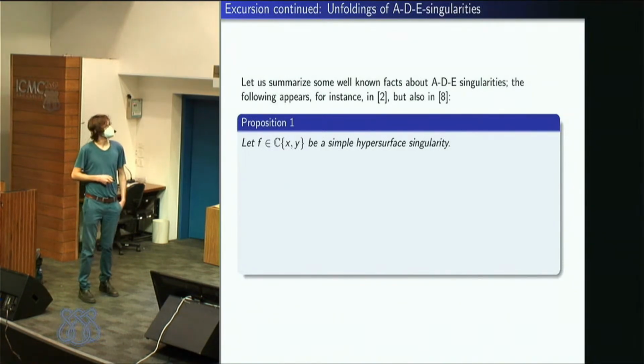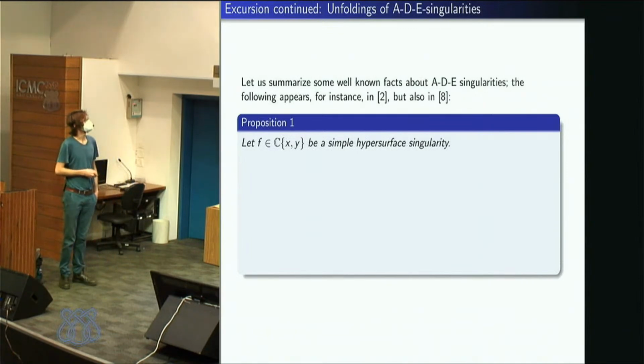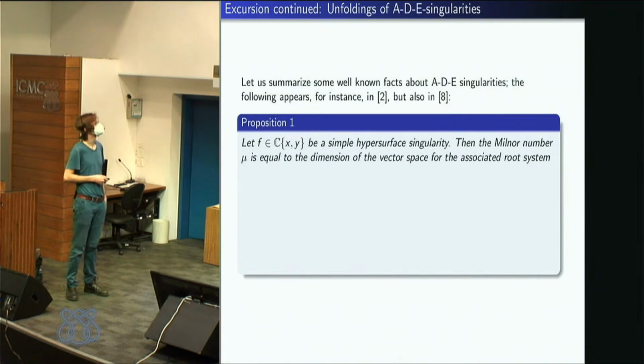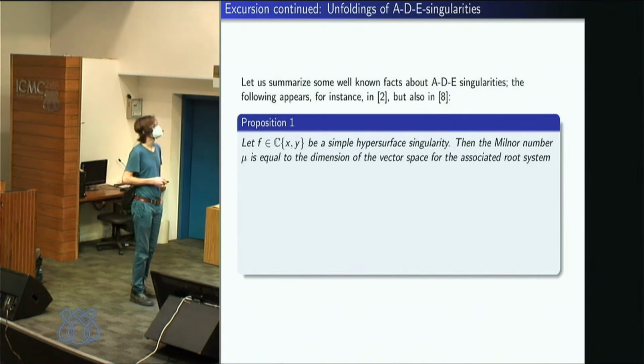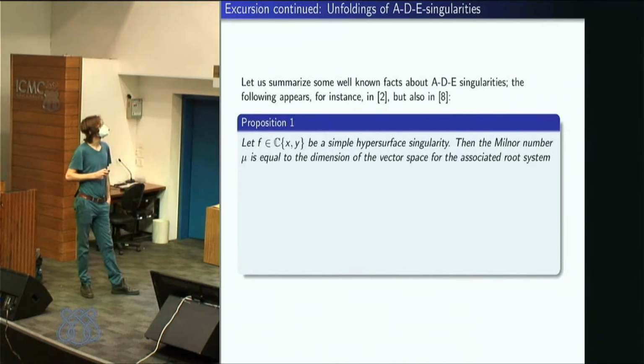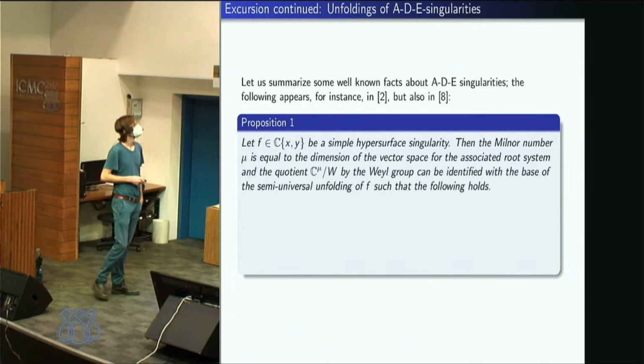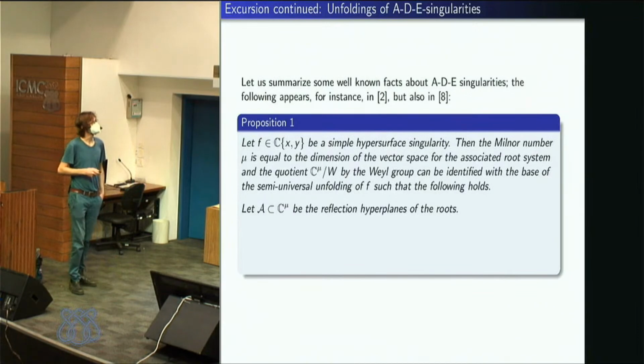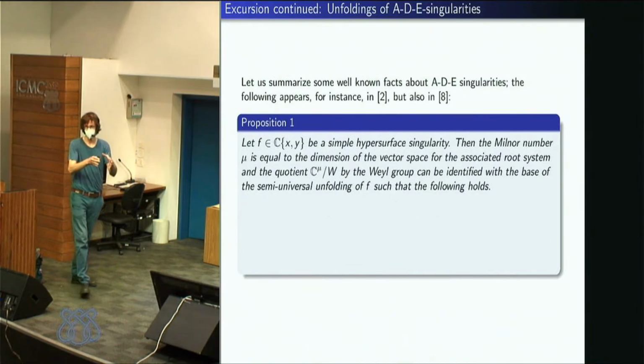This is not a coincidence. I need to give you one more fact from classical singularity theory. If you have a simple hypersurface singularity, then the Milnor number is equal to the dimension of the vector space of this root system. And this quotient by the Weyl group can be identified with the basis of the universal unfolding.